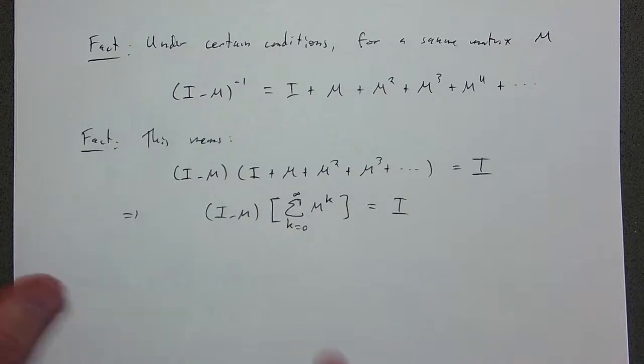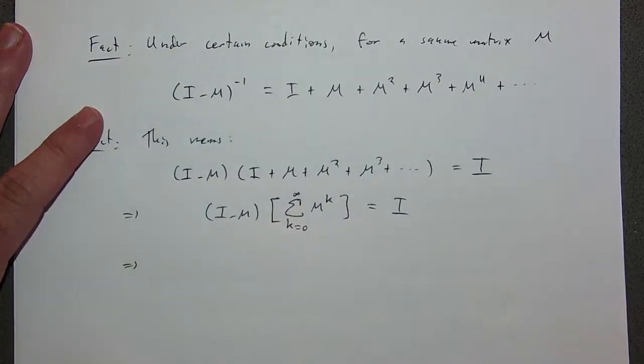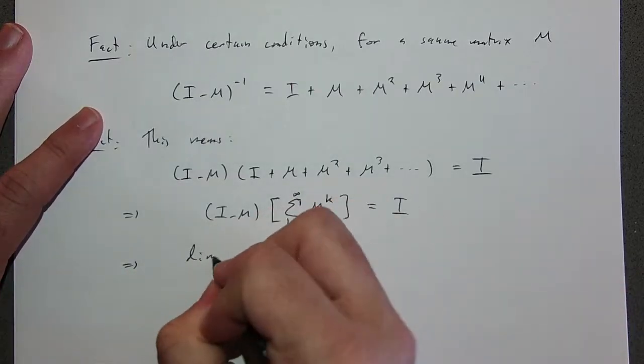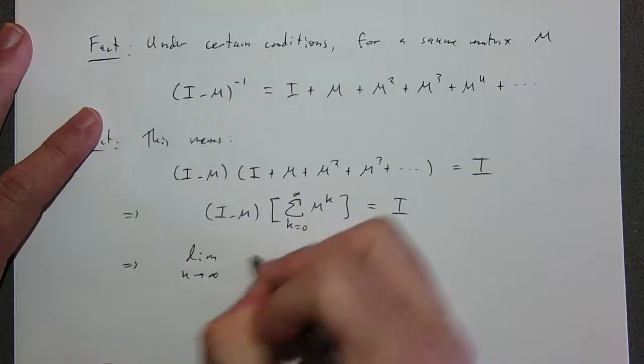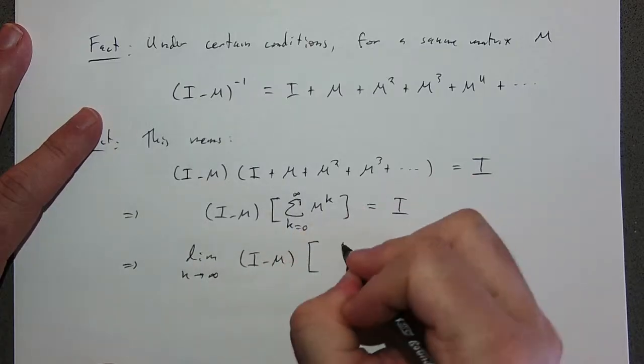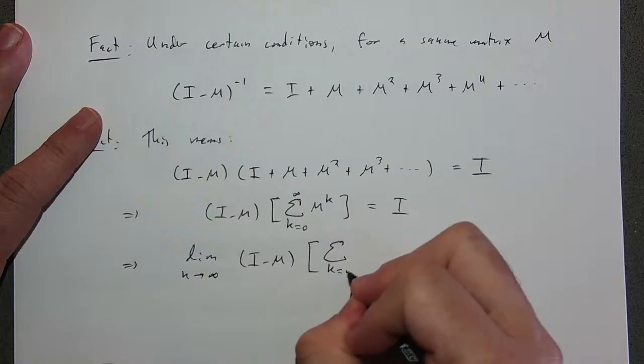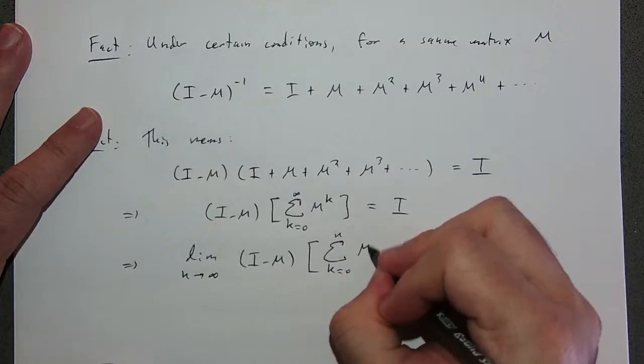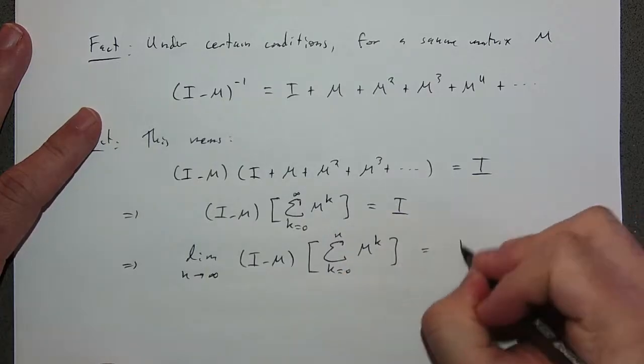I can say, well, this is really me taking a limit. The limit as n goes to infinity of I minus M times the sum k equals 0 to n of M to the k, and that is equal to I.